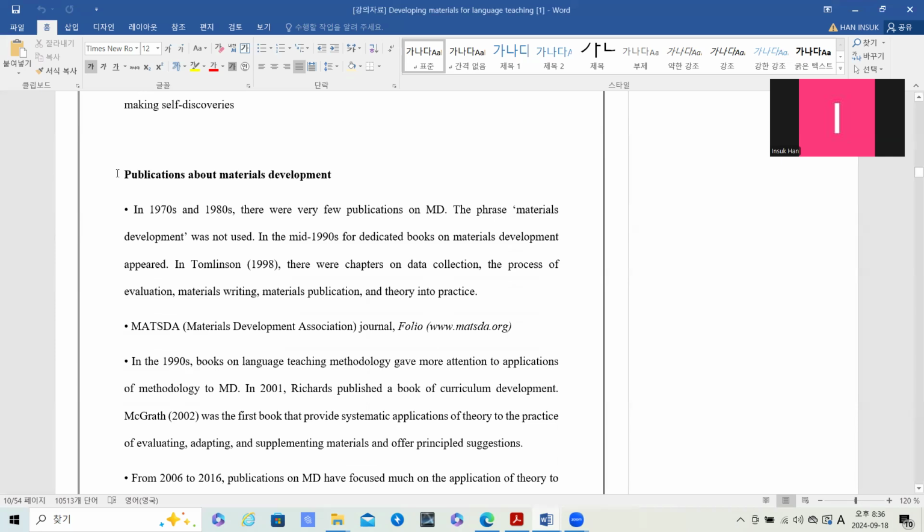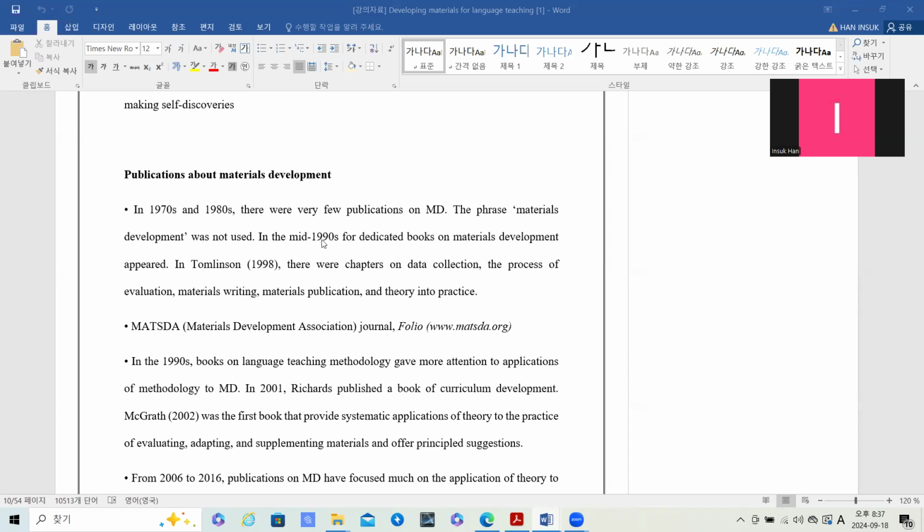Let's look at the publications about materials development. In the 1970s and 1980s, there were very few publications on materials development. So the phrase materials development was not used at the time.